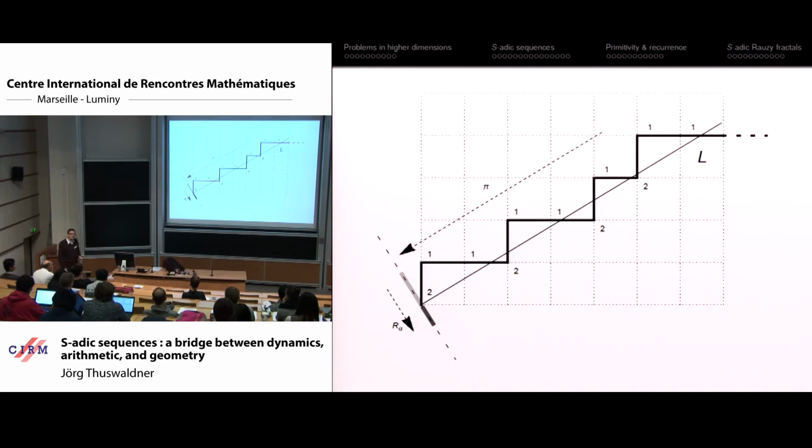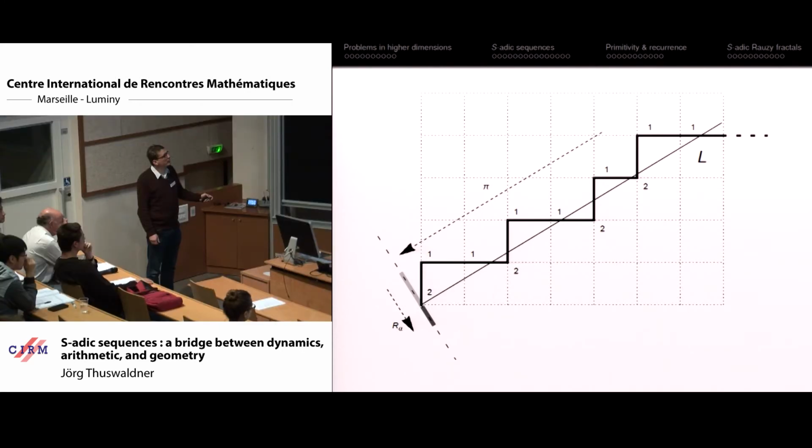And now I want to visualize why a Sturmian sequence is related to a rotation. So if you look at the points of the Sturmian sequence and project them down parallel to the line which is approximated by the Sturmian sequence, then we project on an orthogonal space. So what happens here? First point is projected to the origin. If you go up, the next point is projected somewhat upwards.